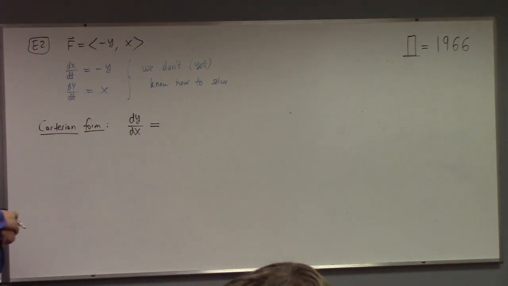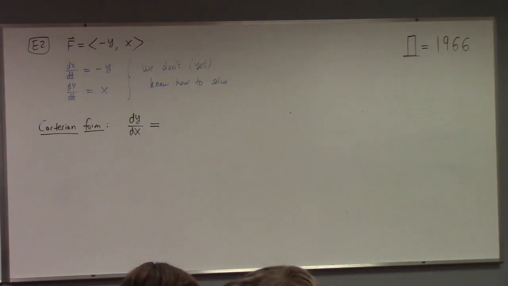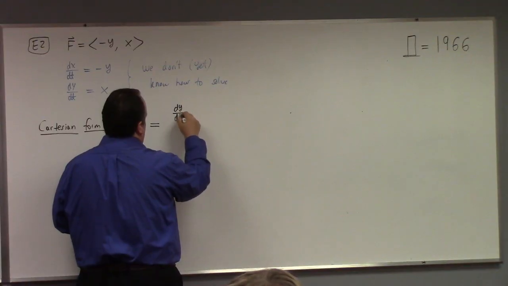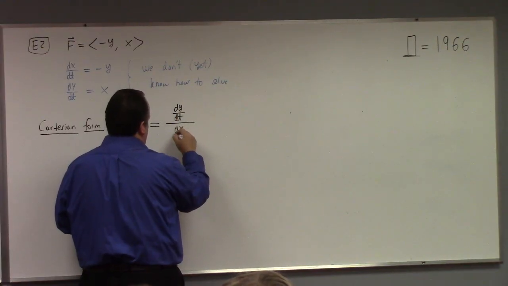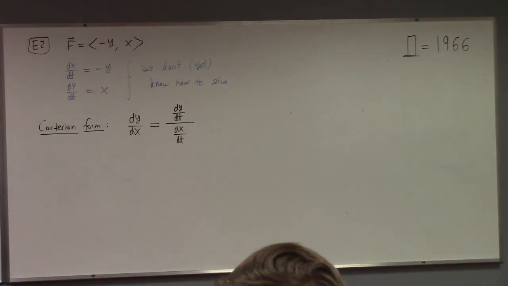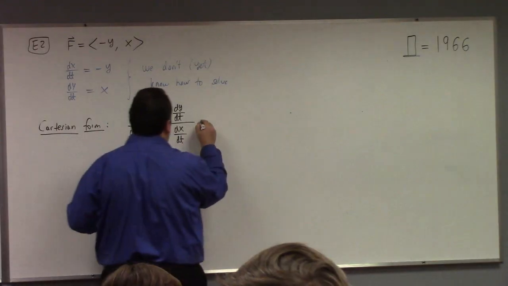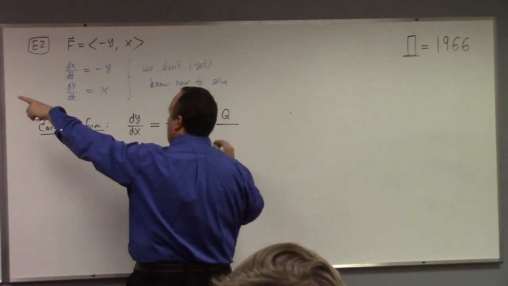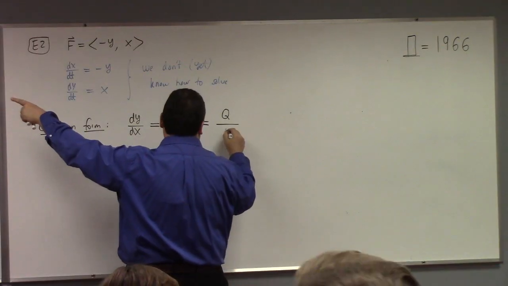That's what I want to find an equation for. How about this? I replace dy with dy over dt, and I replace dx with dx over dt, basically dividing top and bottom by dt. But if we want the integral curve, dy/dt should be q, and dx/dt should be p.